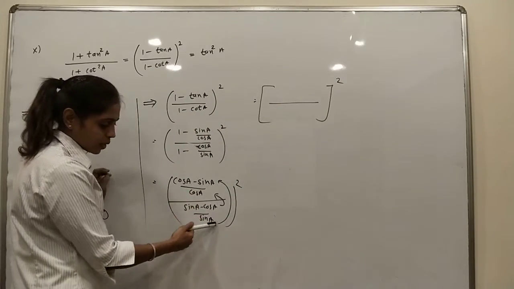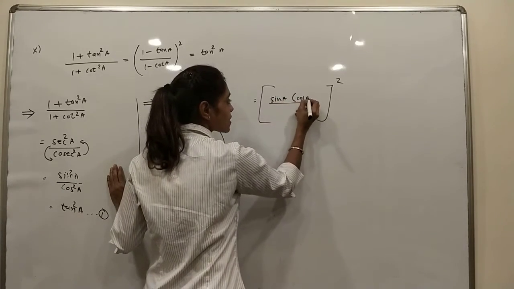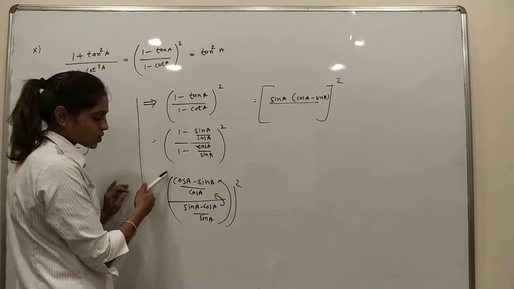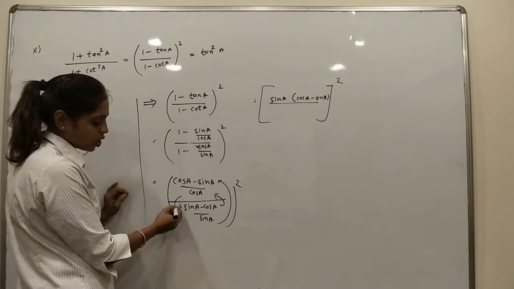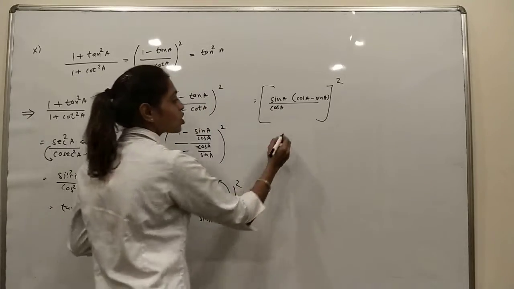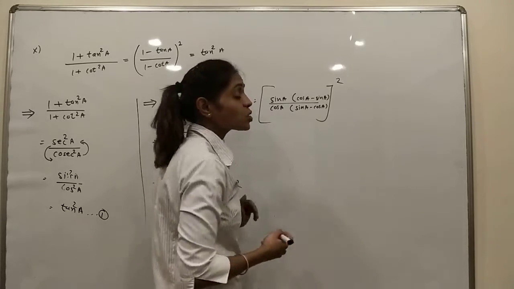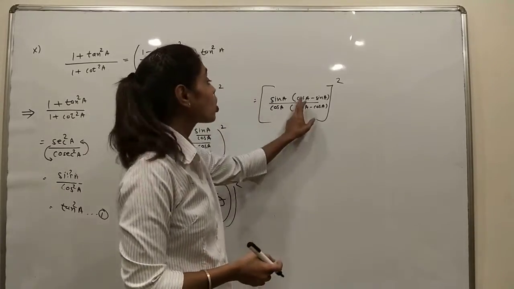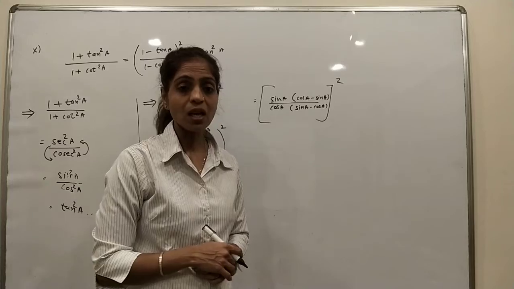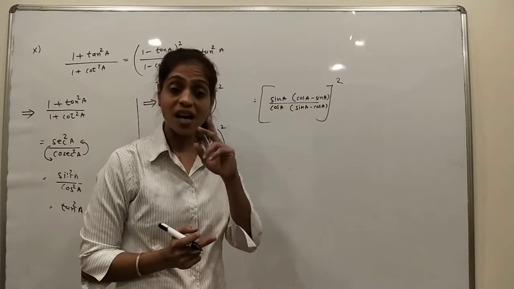Cos A minus sin A into sin A, sin A into cos A minus sin A. The bracket is cos A minus sin A into sin A. Now cos, this small fraction together, cos into this bracket: cos A, sin A minus cos A. Now I want to cut this bracket but the order is different: cos minus sin here, sin minus cos there. In a previous sum I taught you how to make brackets the same when the terms are reversed.